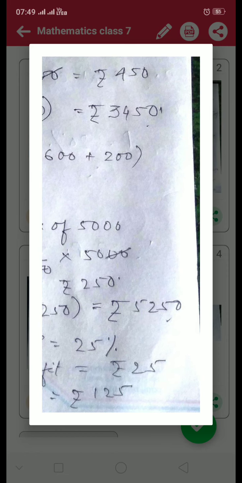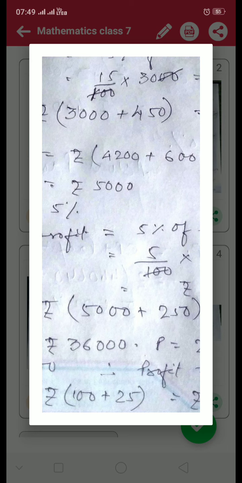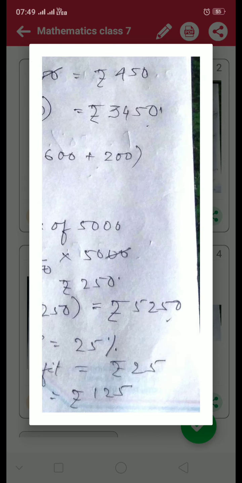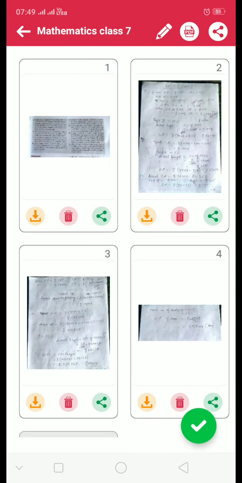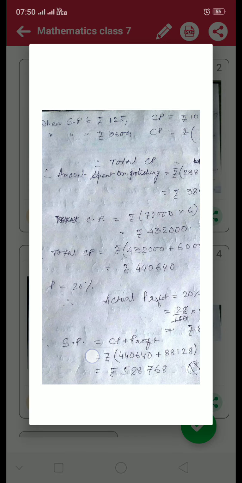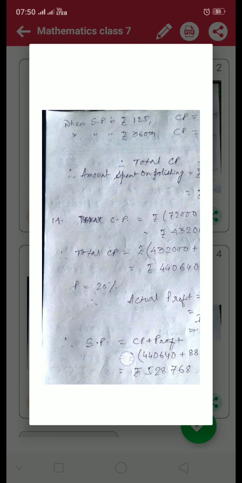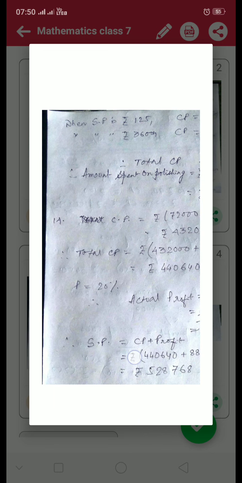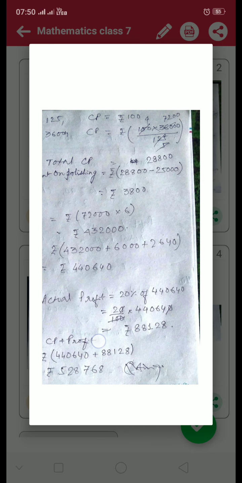So SP is CP plus profit, 100 plus 25, that is rupees 125. So when SP is rupees 125, CP is 100. When SP is 36,000, CP will be 100 into 36,000 by 125. On calculation, this will give 28,800.